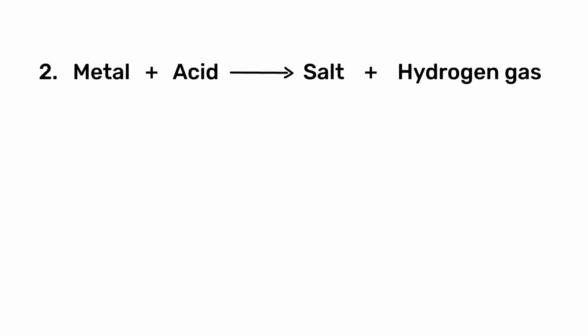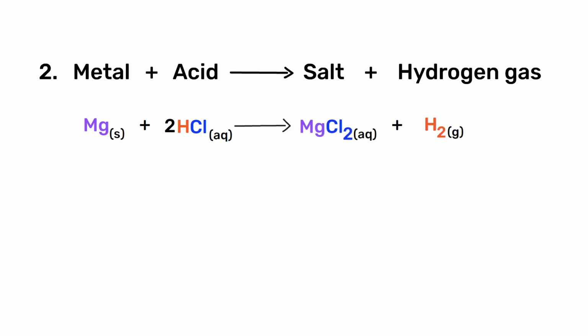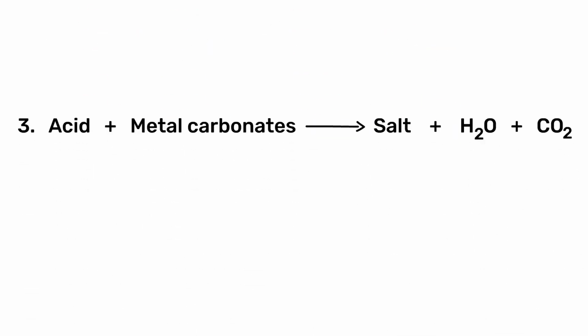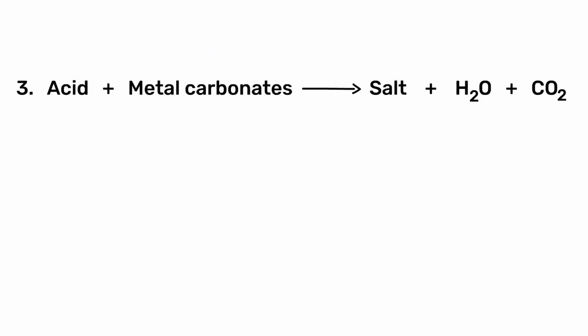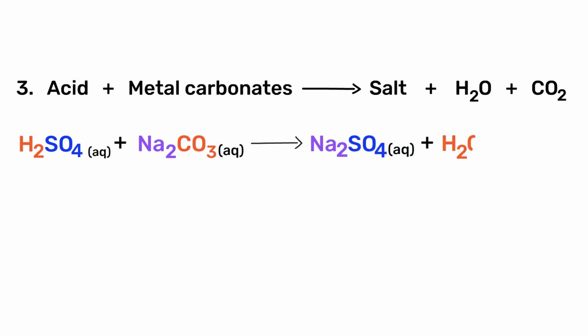Metals also react with acids, not all metals, some do, to form salt, and hydrogen gas is released. Acids react with metal carbonates such as sodium carbonate or magnesium carbonates to form salt, water, and carbon dioxide.